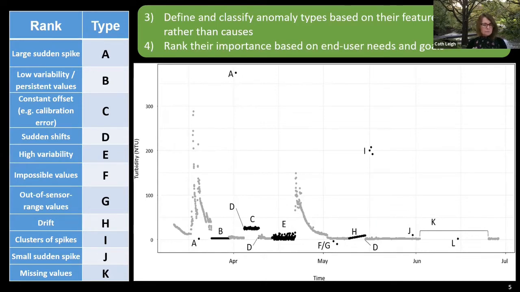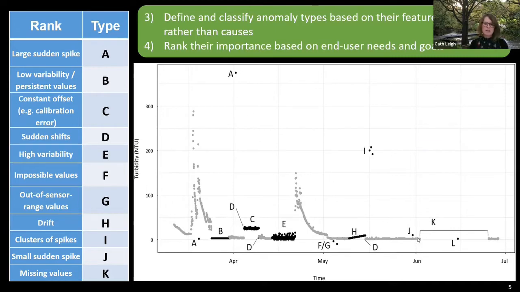So we went through this process together with the department, looking at the data and the types of anomalies that were coming up in terms of the patterns. So we were seeing things like, in this hypothetical time series of turbidity data, what we named large sudden spikes, for example, labelled here A, where the data observation is extremely different to the previous and the next observation that surround it.